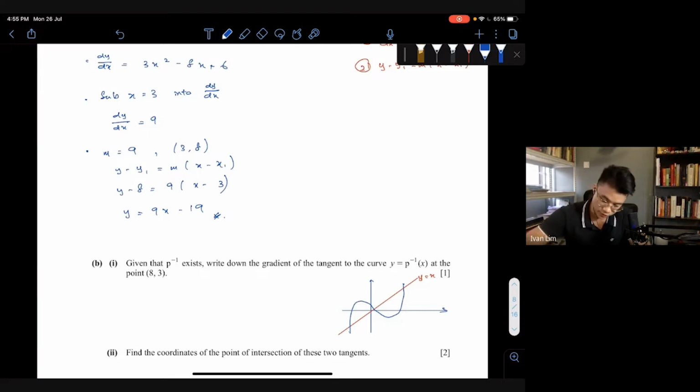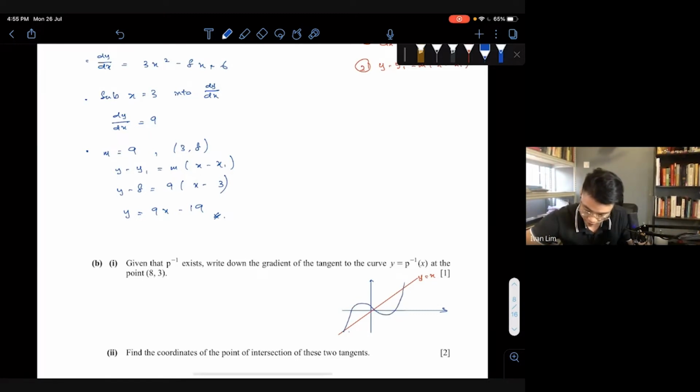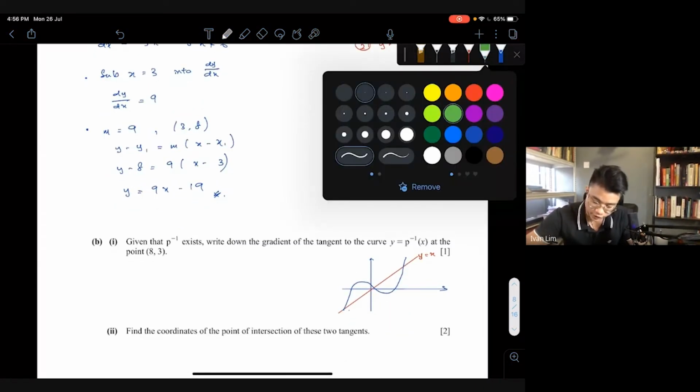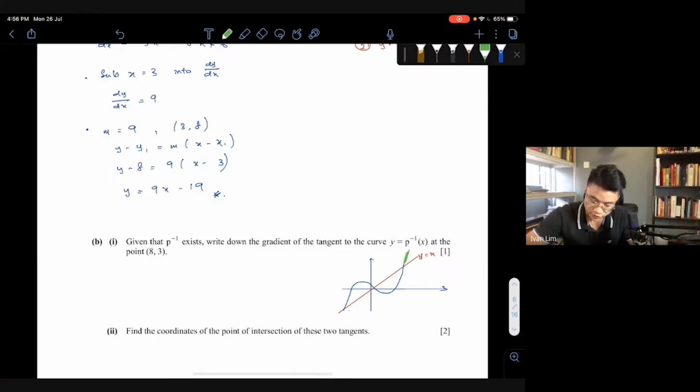Wait, let me draw another more steep one. Something like that. So let's say right now my gradient is over here. The inverse of it, I just want to flip it.